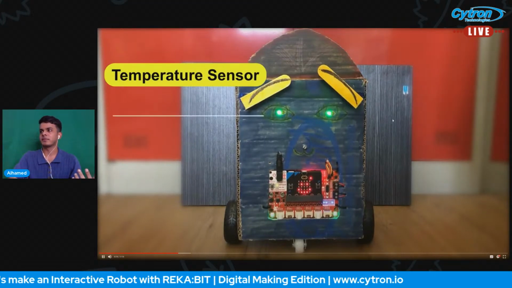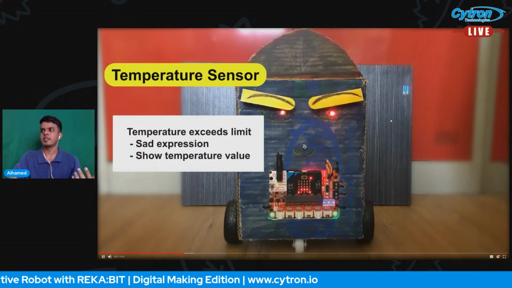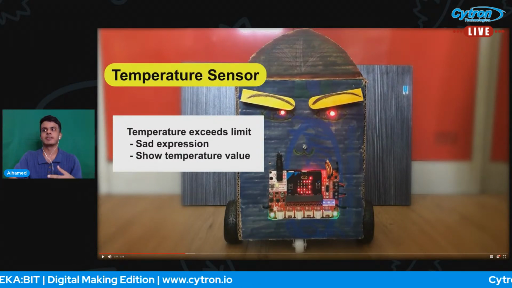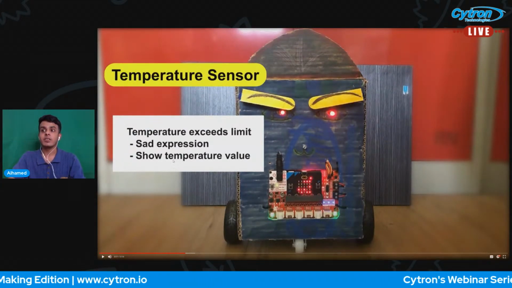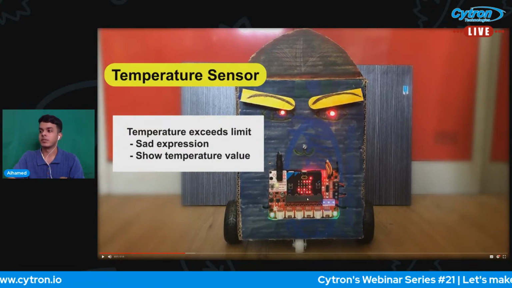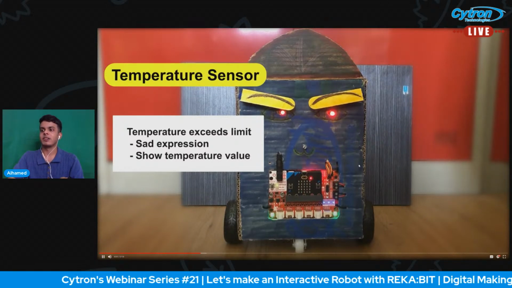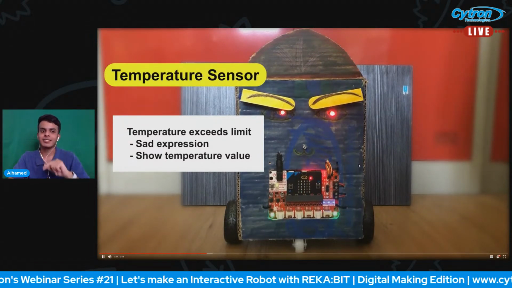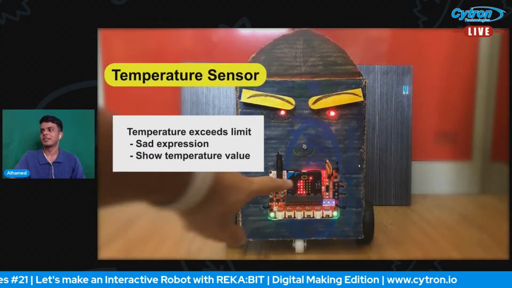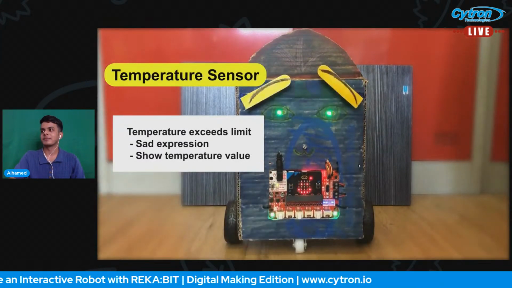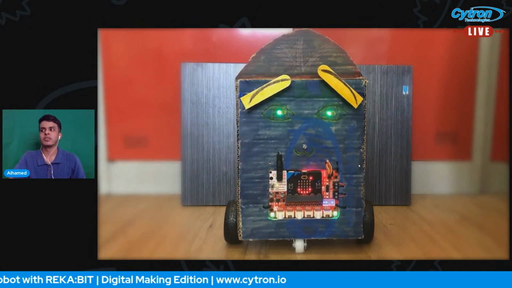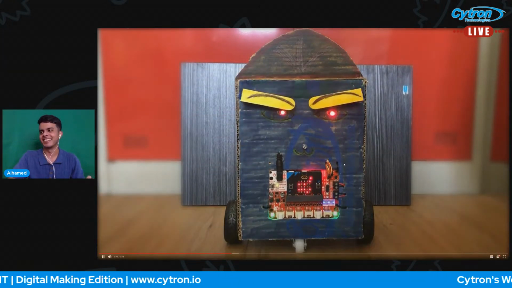Notice here, the temperature is high, it shows a sad expression, and it also shows the temperature value over here, 31. Now I'm trying to make the robot happy by touching the logo again, but it will be sad again because the temperature is still high.